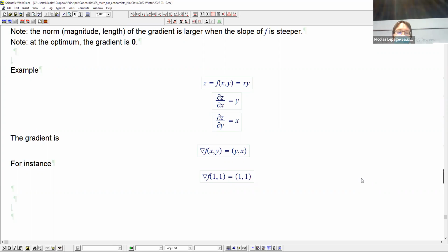And of course, you can have gradients in more than 2 dimensions. It's just now impossible to see them in your head, but they still exist.